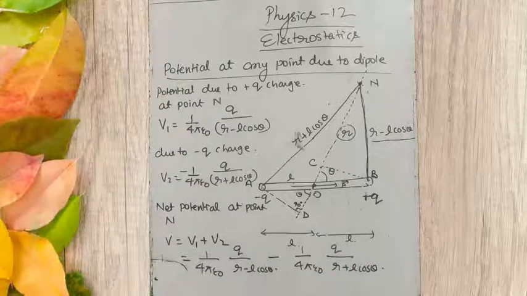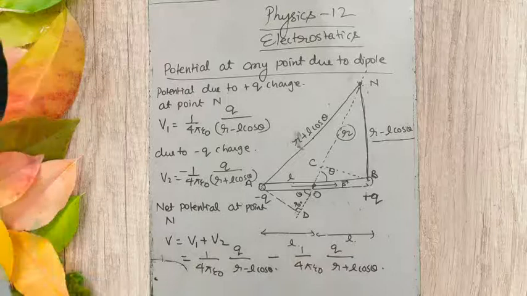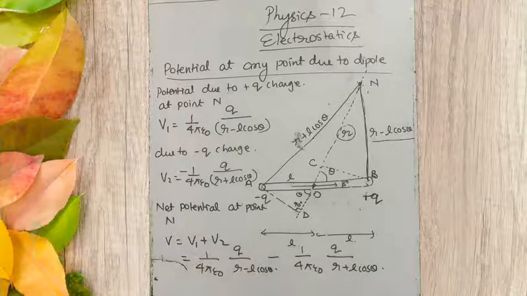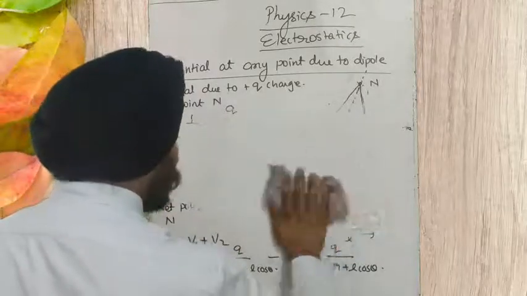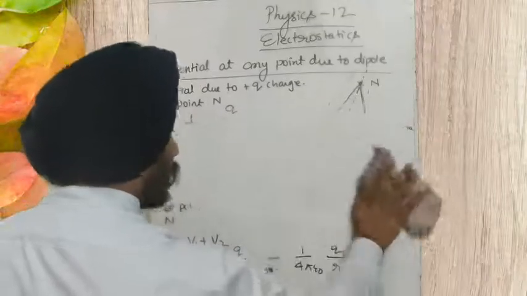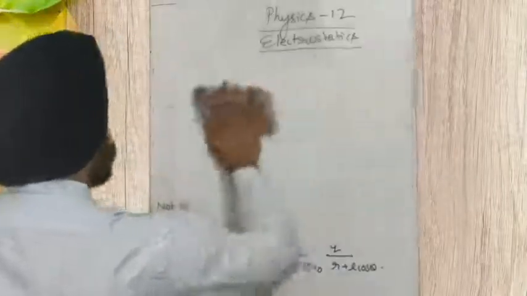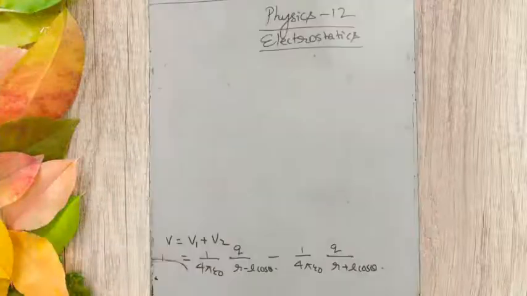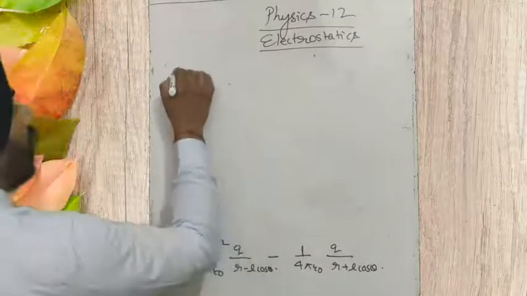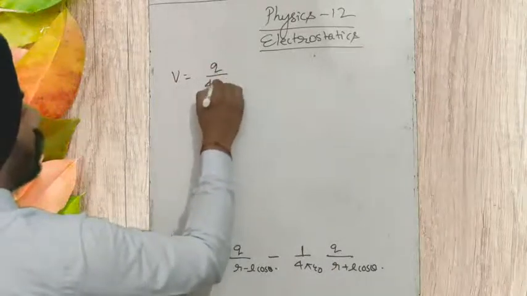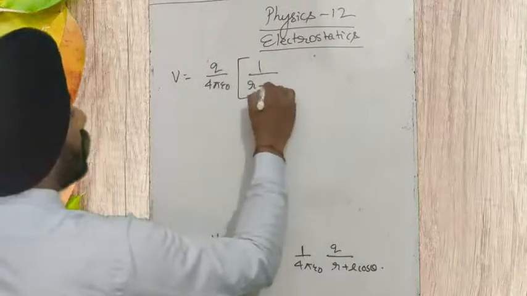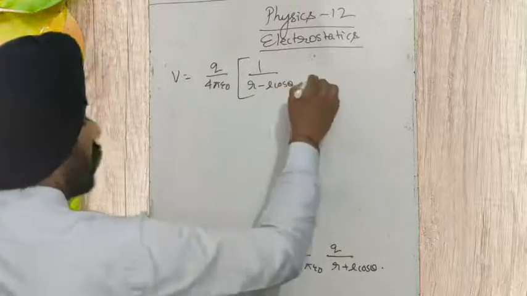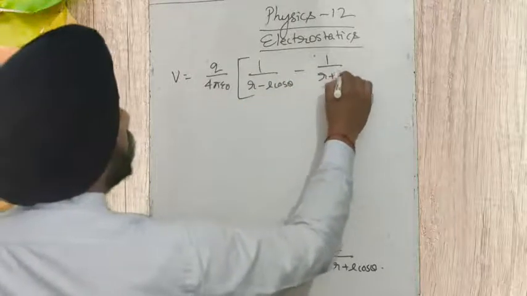Now we need to take something common, and then afterward calculate this equation. So here V is equal to Q by 4 pi epsilon naught times 1 upon R minus L cos theta minus 1 upon R plus L cos theta.